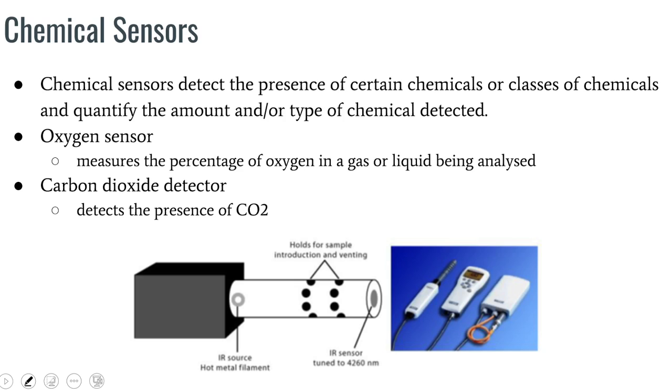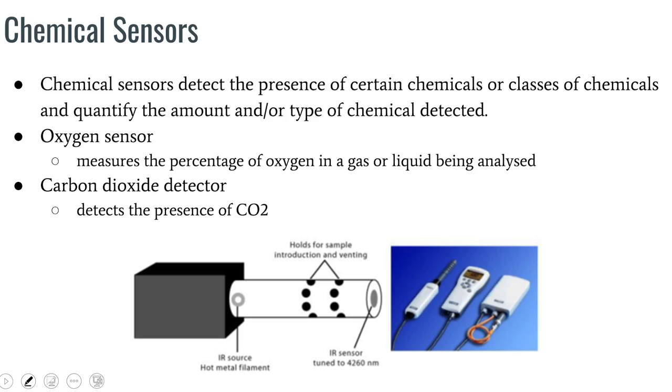Then chemical sensors, again, when you are building some control systems, particularly in industrial applications, chemical sensors can be very much of use depending on the systems that you are building. For example, things like oxygen sensors can be used to measure the oxygen level in an environment, either in the form of gas or liquid form.